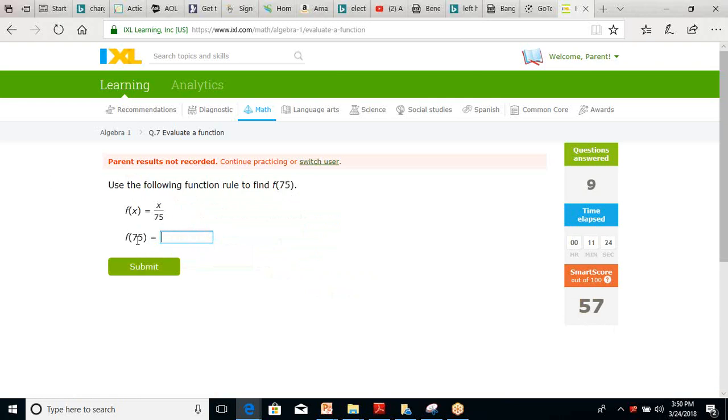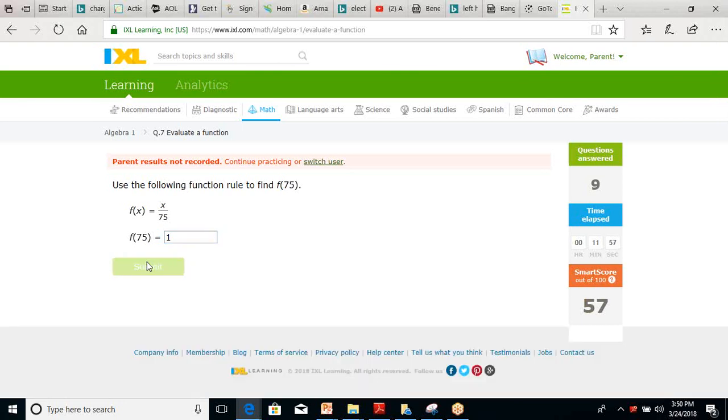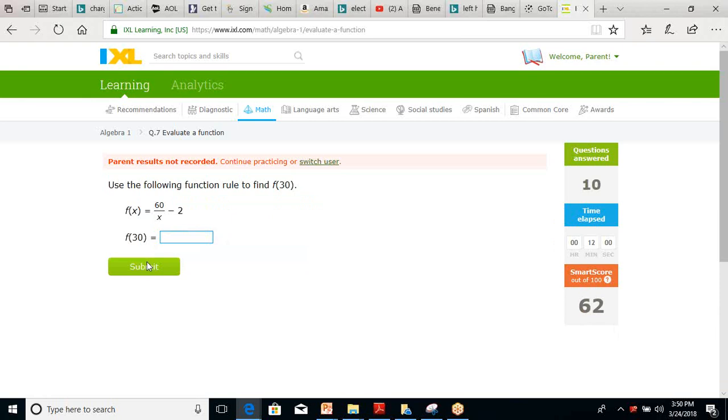So if x is 75, then the function of 75 is equal to... So you put another 10.